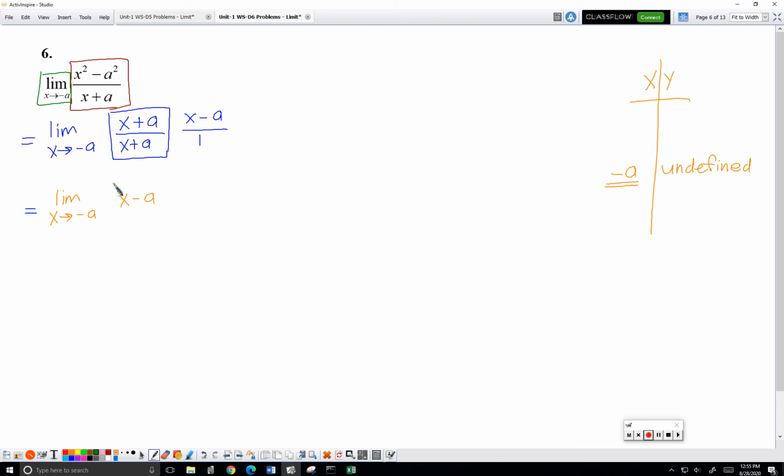But this formula is different. Someone tell me what's different about the green. Just raise your hand so we can follow somebody. Right. It doesn't work for numbers like x equal to negative a. Perfect. It works for all others. In fact, that's really good news because I already know that when x equals negative a, the y coordinate is undefined.